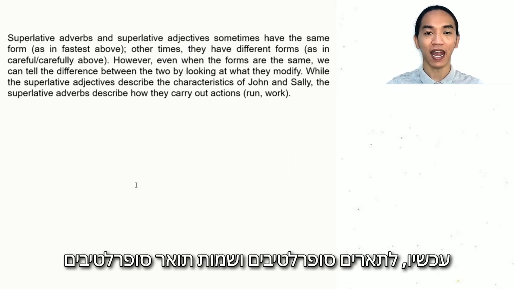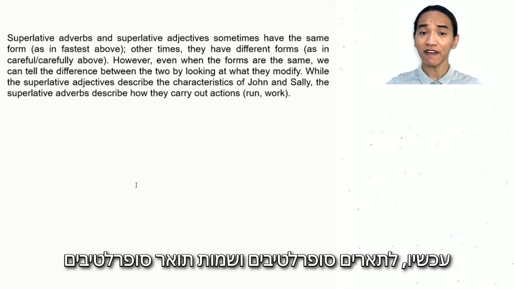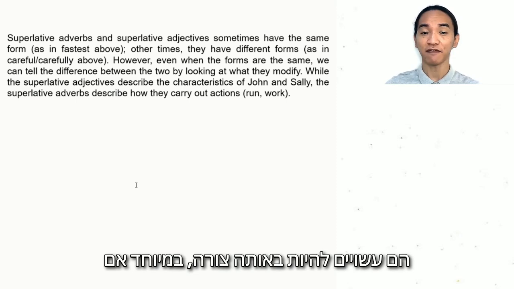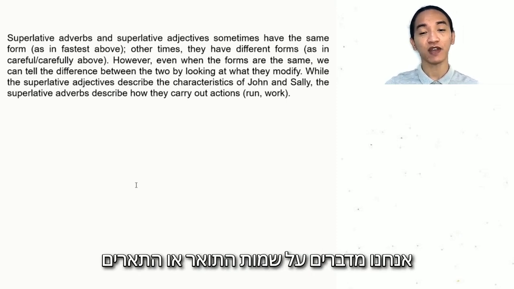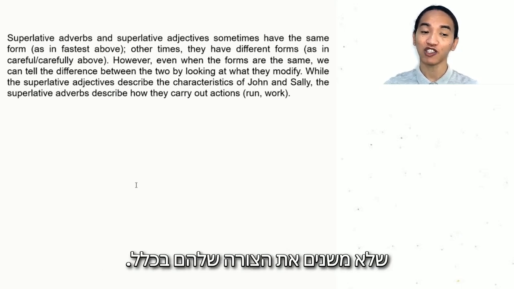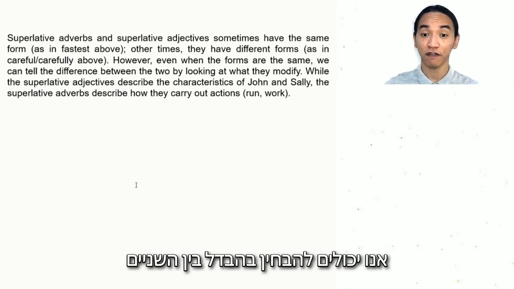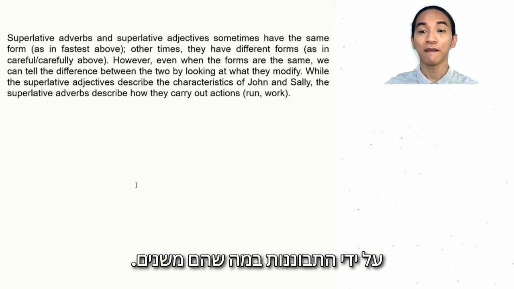Okay? Now, superlative adverbs and superlative adjectives sometimes have the same form. They may have the same form, most especially if we are talking about the adjectives or the adverbs that do not change their form at all. However, even when the forms are the same, we can tell the difference between the two by looking at what they modify.